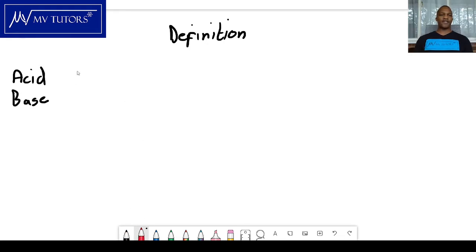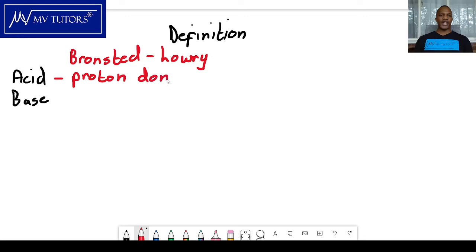And the definitions will be according to Bronsted-Lowry. We'll start with the Bronsted-Lowry. There's basically two definitions that are used, but we'll start with this one and then we'll do the other one later. So, according to Bronsted and Lowry, an acid is just basically a proton donor.